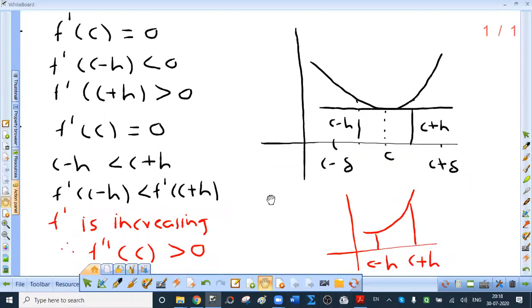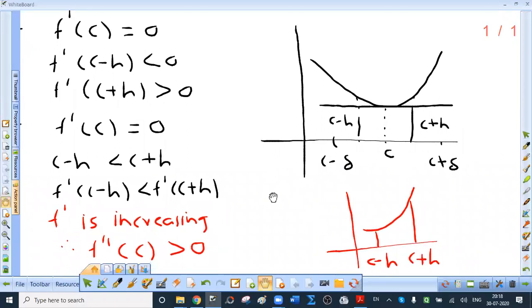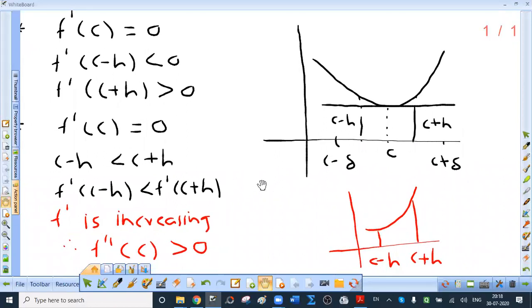Now the second derivative test is also interesting. See, f dash is again a function which is differentiable, right? So f dash of c equal to 0, this part is going to be there. c minus h is less than c plus h. Now f dash of c minus h is negative and f dash of c plus h is positive.